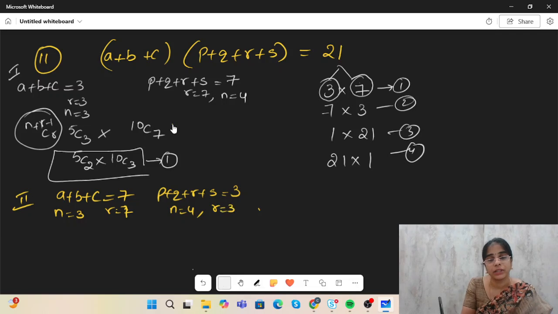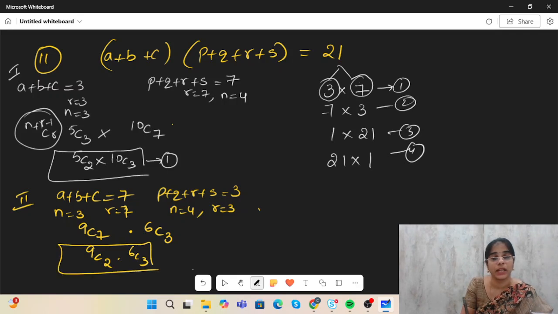Apply multinomial, right? So n plus r, 7 plus 3, 10. 10 minus 1, that is 9. 9C7 from that case times n plus r, 7 plus 4 minus 1, 6, 6C3 from this case. That is, you can still write it like 9C2 times 6C3. This is my answer for case 2, right?